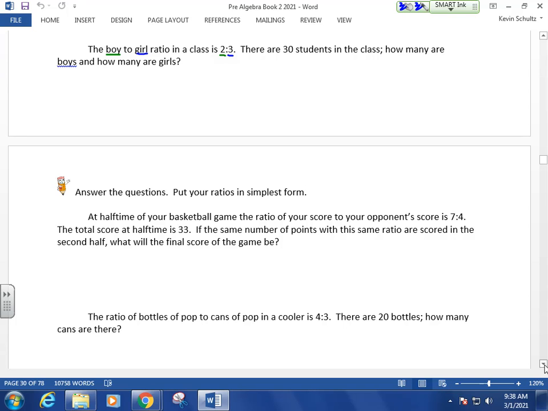How can we use that ratio to calculate the number of boys and the number of girls in the class? For every 2 boys, there are 3 girls. That's what that ratio says. And there are 30 total students. How can we use that to calculate the number of boys and girls?